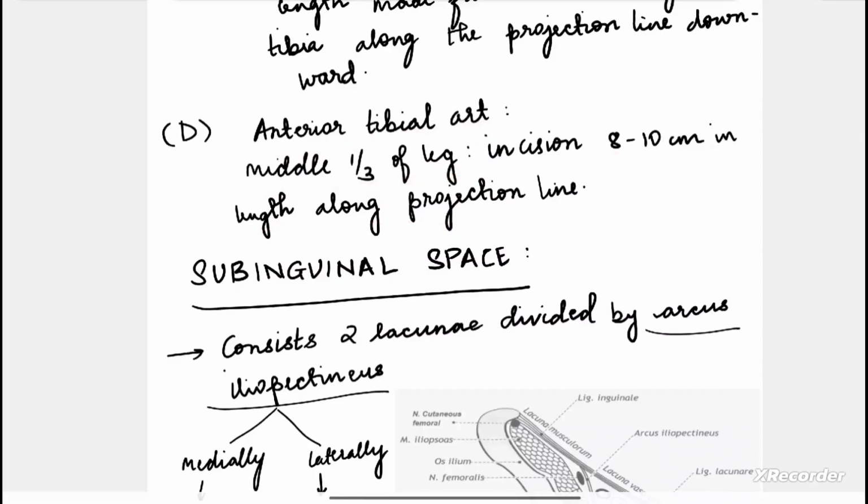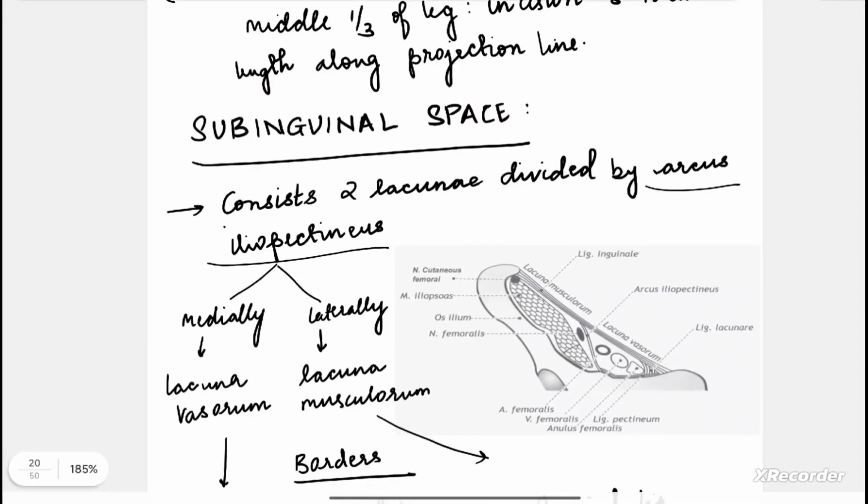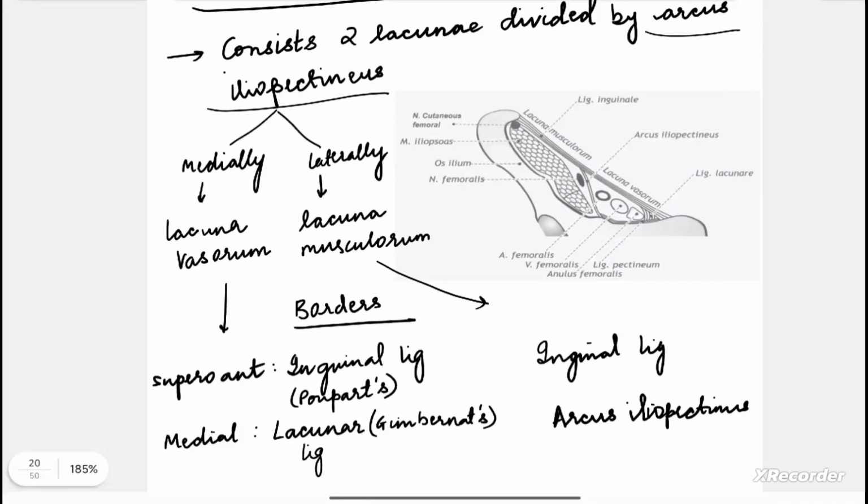Now next is the subinguinal space. It consists of two lacunae divided by the arcus iliopectineus: medially the lacuna vasorum, and laterally the lacuna musculorum.